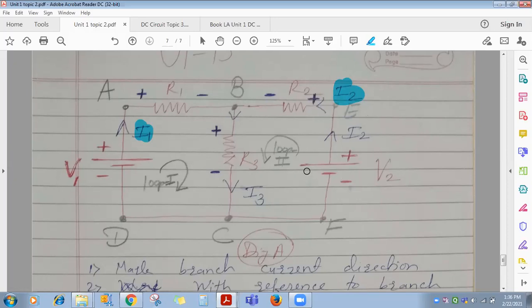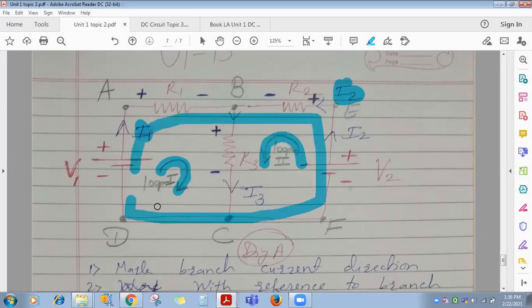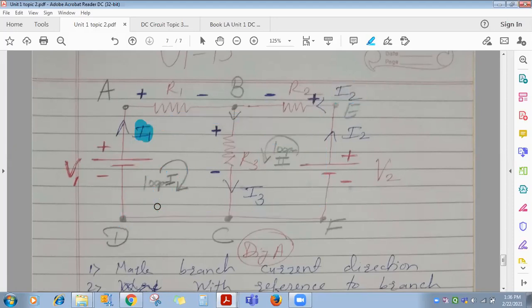How many total loops are there in this circuit? Three loops are there. Any two loops you consider. Here this is loop 1 I have considered, and this is loop 2. You can consider the larger one also, this one. Any two loops you consider, but it is better to consider the smaller loops. For loop 1, you have to consider the loop direction also.